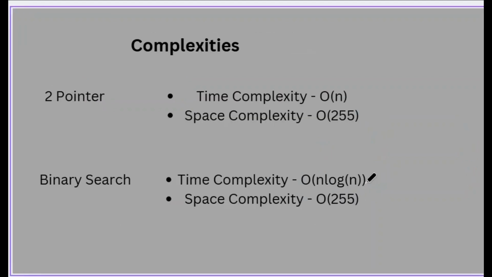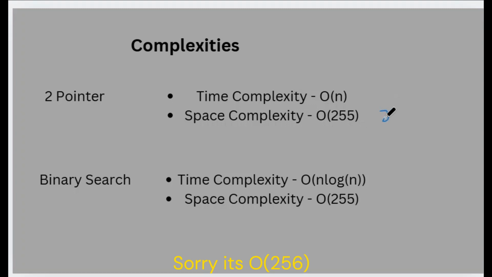Now next, let's see the complexities of the two approaches. For the two pointer approach, the time complexity is big O of n, and the space complexity is O of 255. How did we get 255? In characters we have 255 characters. Because of that, the space complexity is 255. If you only consider lowercase alphabets, then the space complexity is 26.